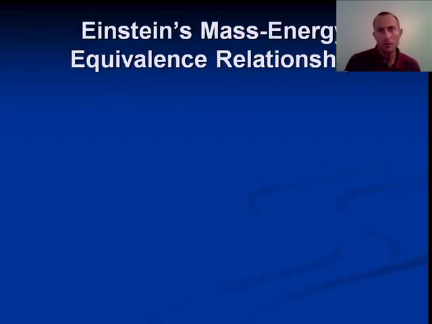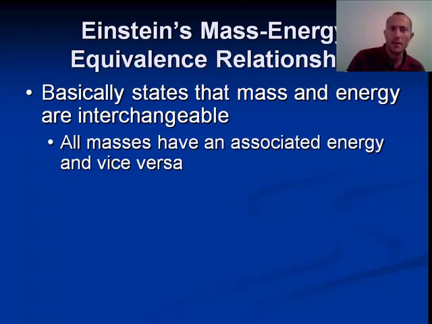Now, talking about nuclear chemistry leads us to Einstein's mass-energy equivalence relationship. In 1905, when Einstein was developing his theory of special relativity, he also said that there was a relationship between mass and energy, and that they were essentially equivalent. This is where the famous equation E equals mc squared comes in.